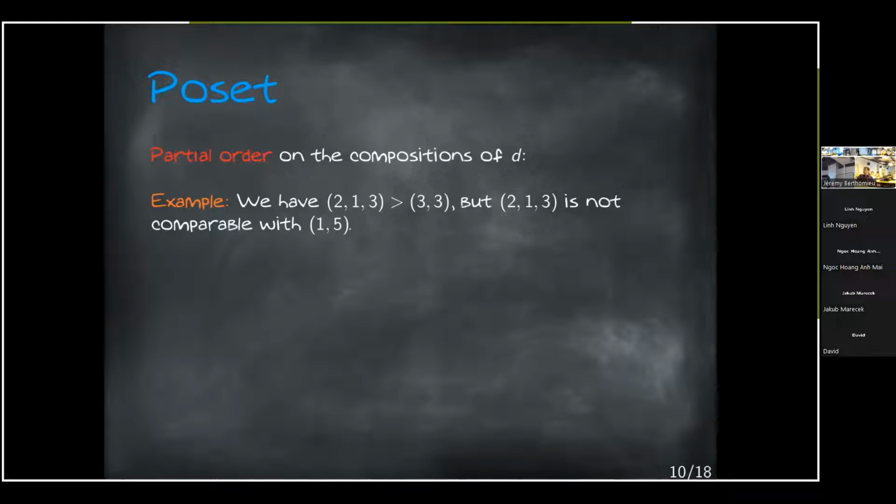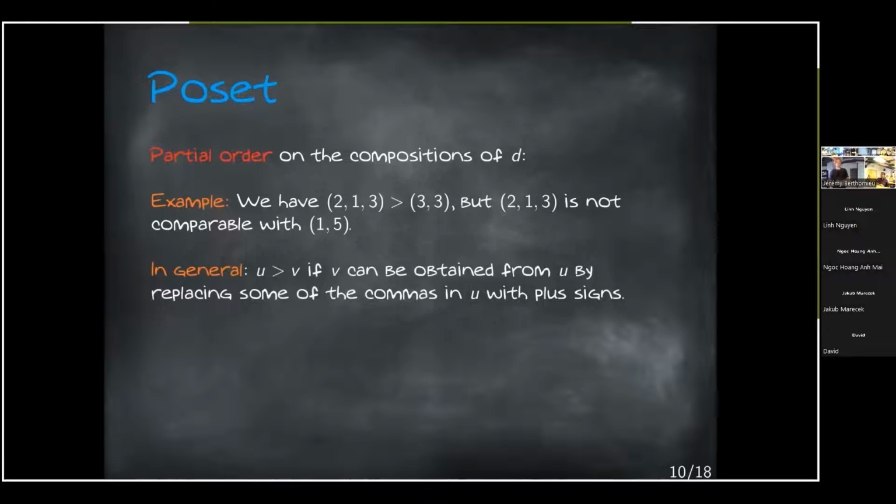But we don't want to say that 2, 1, 3 is comparable with 1, 5, even though if you add 2 and 3 together, you can get 1, 5. So we want them to be next to each other. So in general, we say U is greater than V if we can obtain V from U by just replacing commas with plus signs.